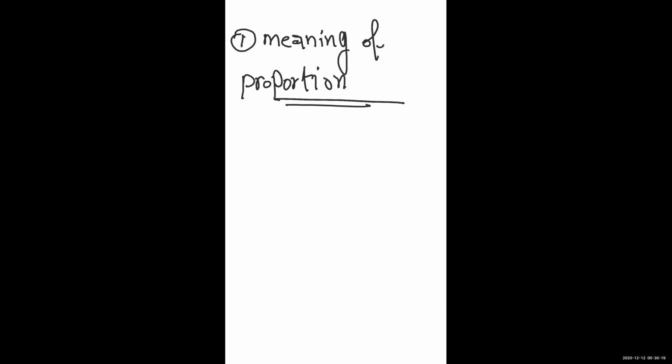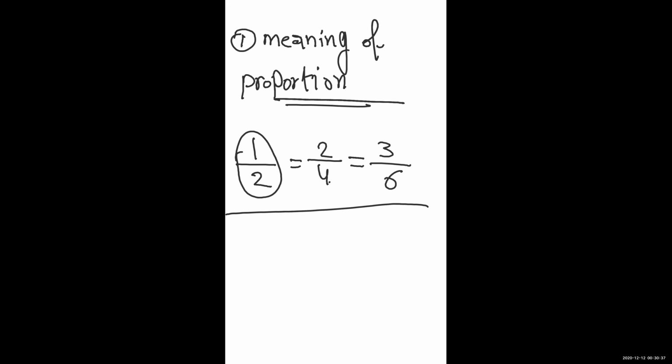If there are numbers like 1 over 2, this equals 2 over 4, and also equals 3 over 6. All these numbers equal 1 over 2.